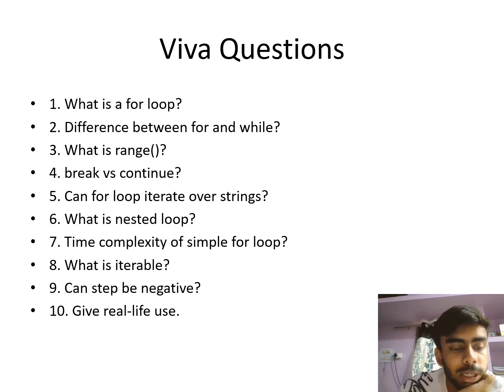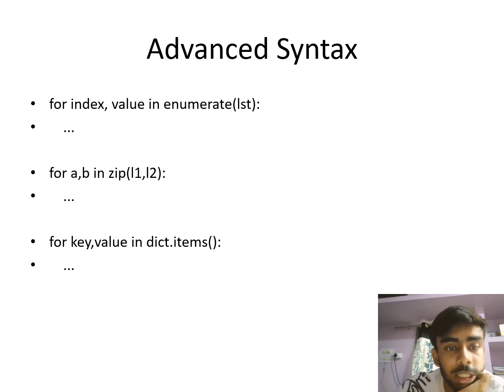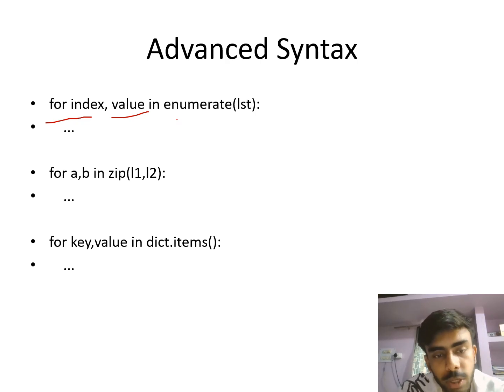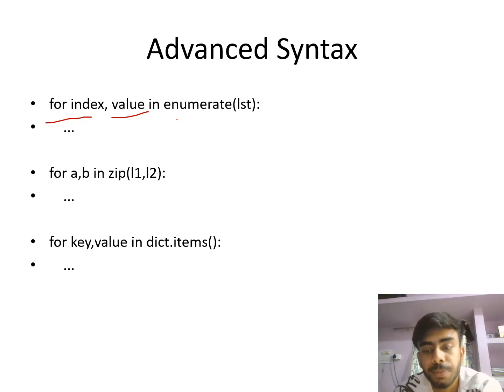So now come to the next part, advanced syntax. These are some advanced syntax, like for, then here write your index number, then value in enumerate list. So what is the meaning of enumerate, zip and dict.items? Now understand this one. What do enumerate, zip and dict.items do?